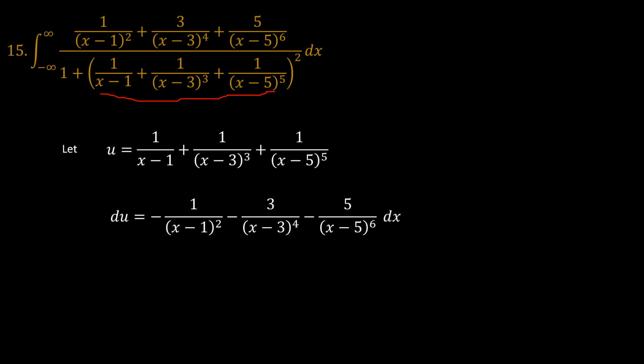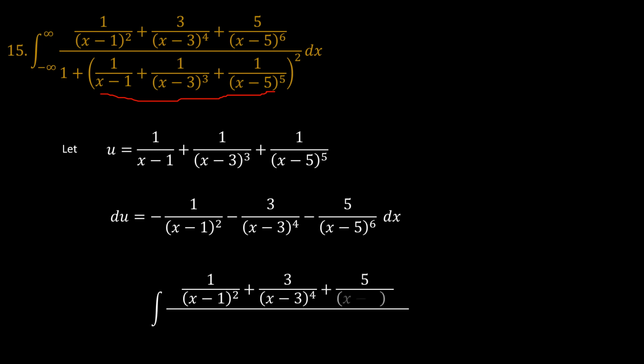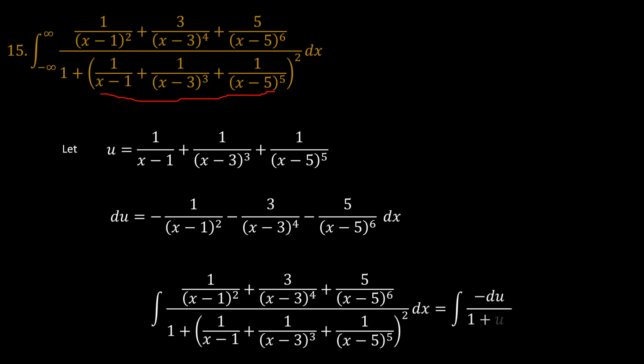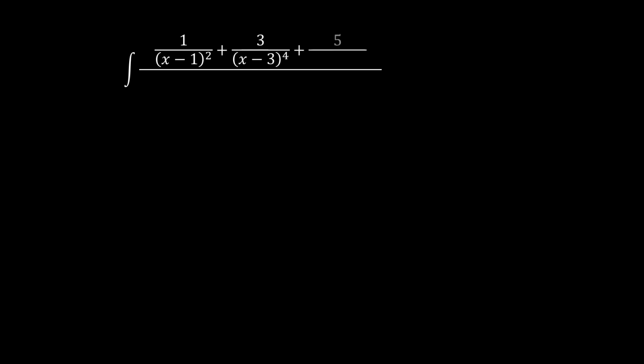And so what now happens is that this integral without the limits initially is the same as the integral of negative 1 over 1 plus u squared. So this is a famous integral, 1 over 1 plus something squared.